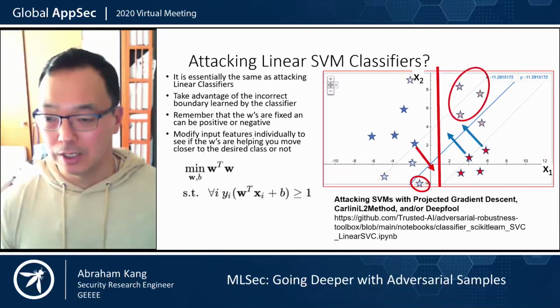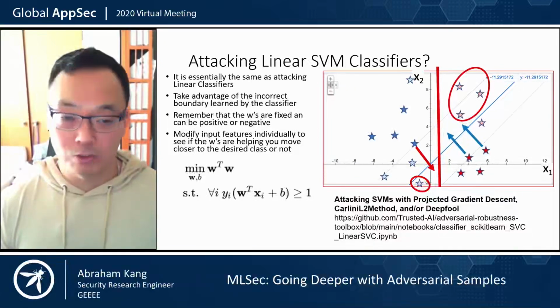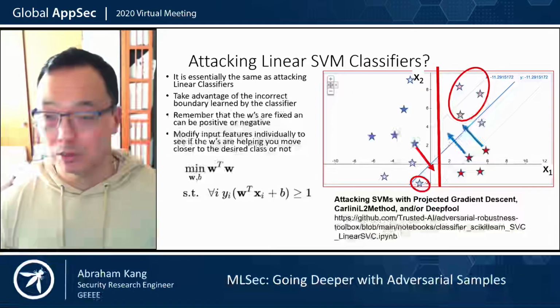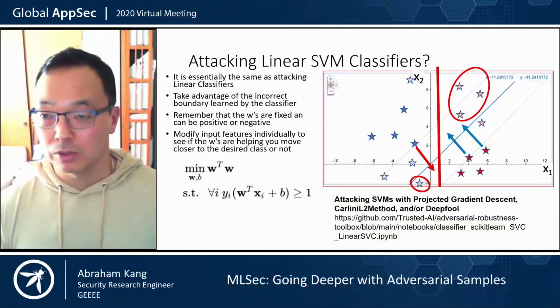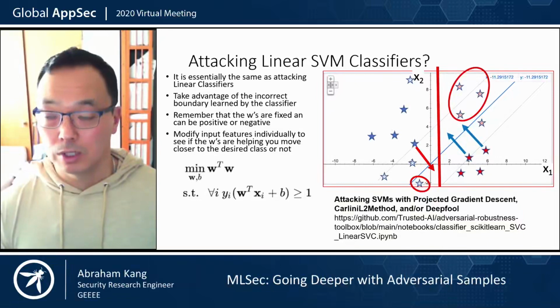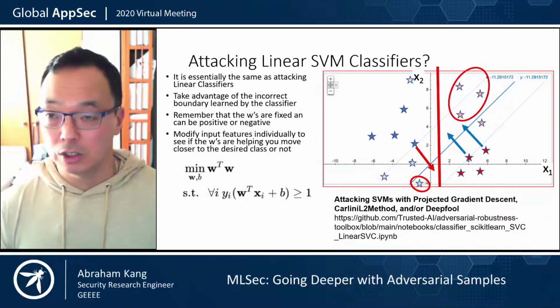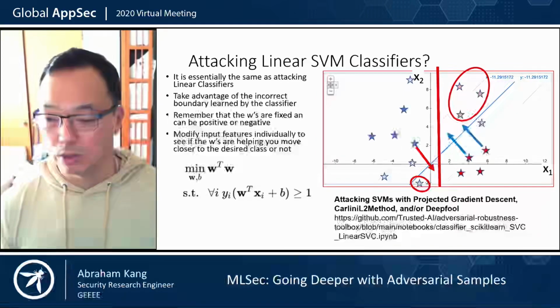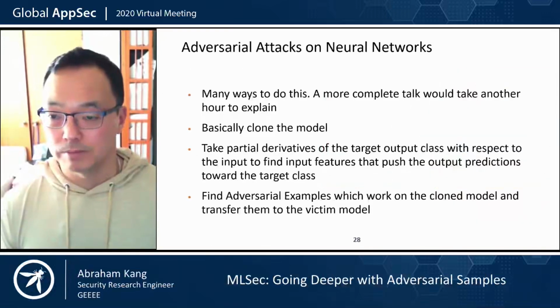If your training data is bad, the support vector machine is going to learn an incorrect boundary. As we've been talking about, once there's an incorrect boundary that's mismatched with the human boundary, it gives you an opportunity to create adversarial samples that do not look different to a human, but have drastically changed the output prediction of the model. And again, there's an example here in the links on this slide.